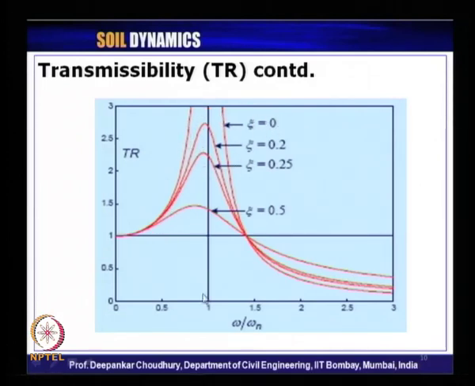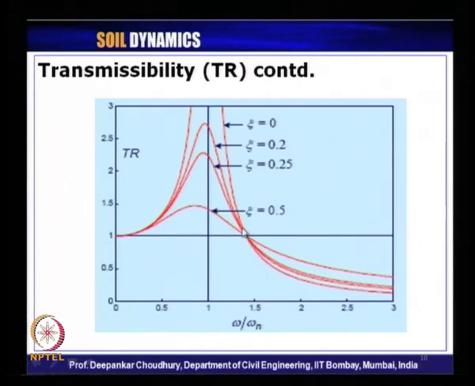It goes to infinity at R equals 1, and for a damped system it attains a peak little before R equals 1, that is R little less than 1, the maximum is obtained. Here also you can easily find out the maximum TR and at which value of R. You just need to differentiate the expression of TR with respect to R, and then it approaches 0 at very high value of R.